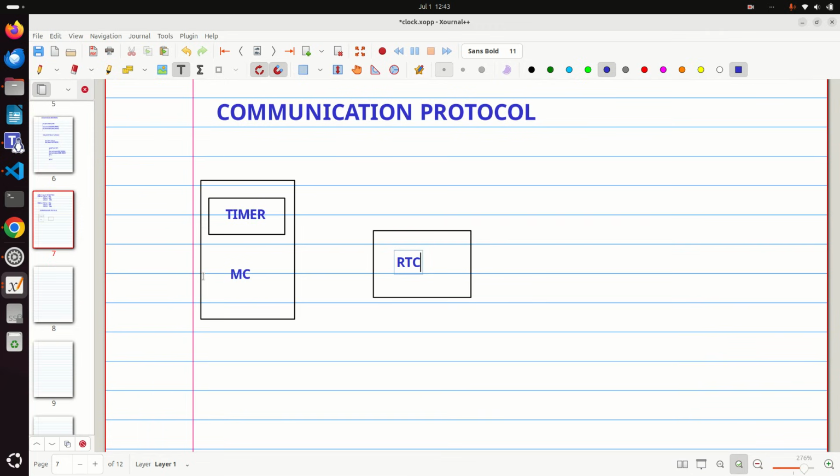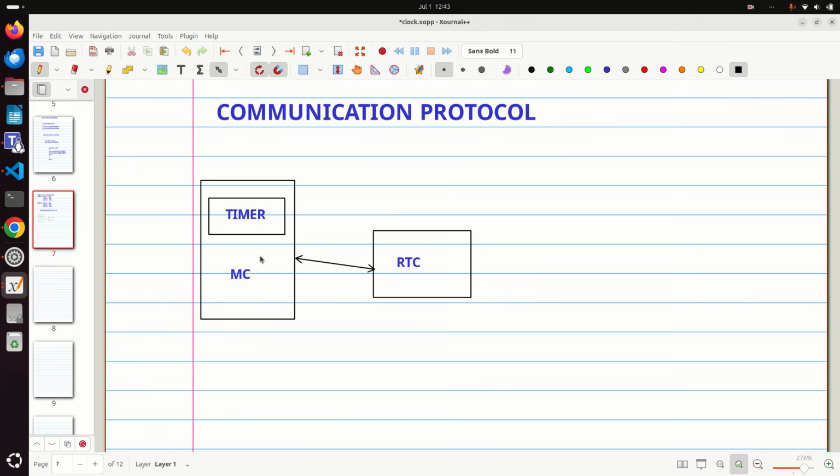So here RTC and microcontroller, both are communicating. So how is it communicating? RTC tells the microcontroller it's 9 a.m., wake up, and this microcontroller performs the action. So this is the example.